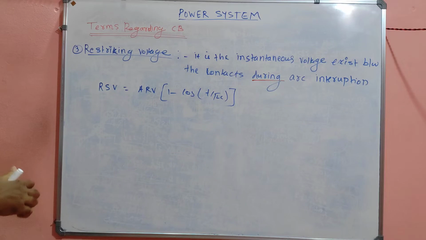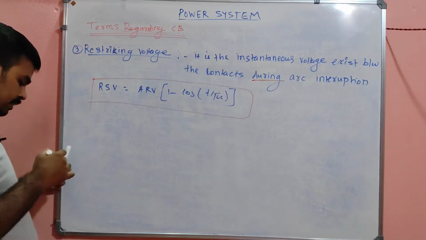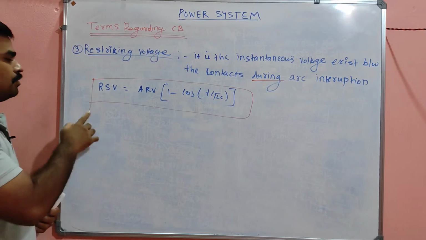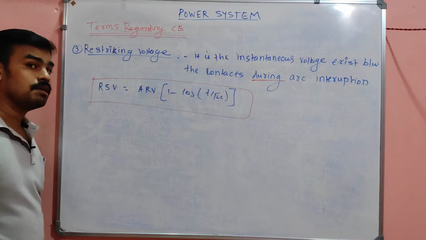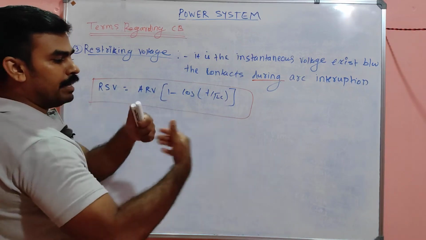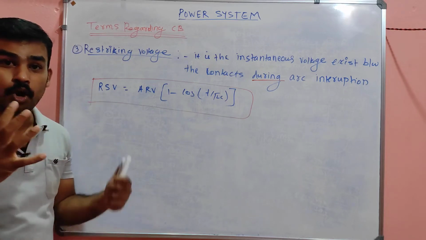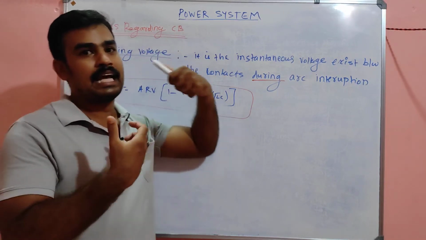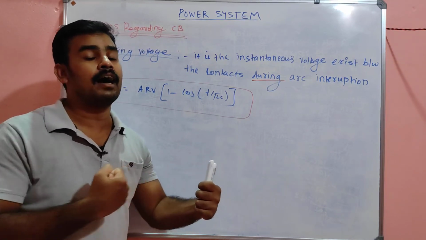This is the expression for the restriking voltage. It is a very important relation because it contains the term root LC, because this making and breaking process is related to the LC operation. The presence of LC is actually the reason for the making and breaking of the arc.